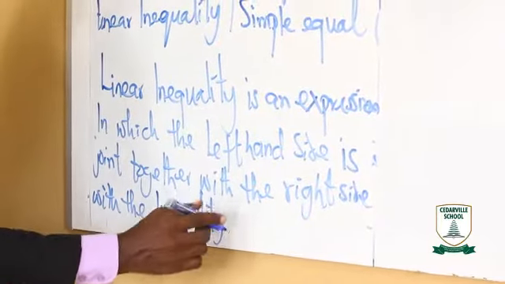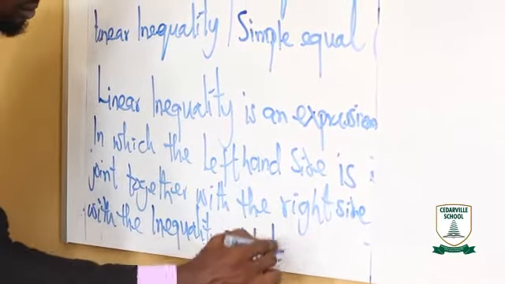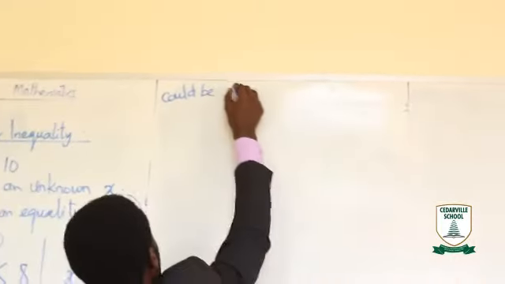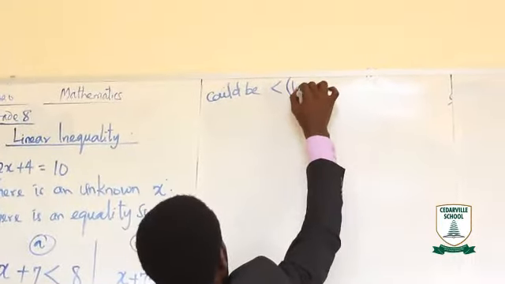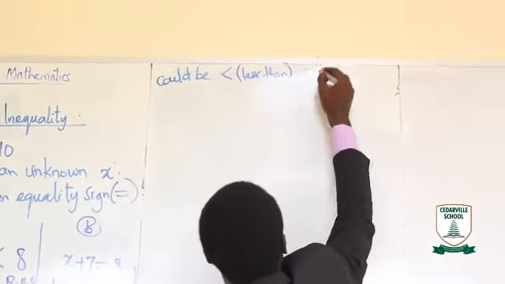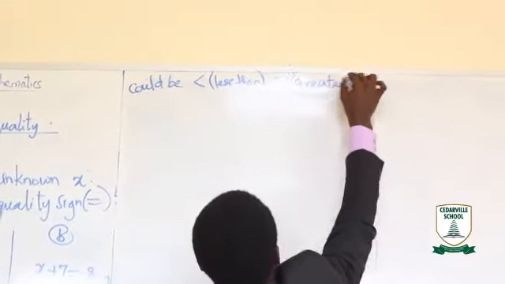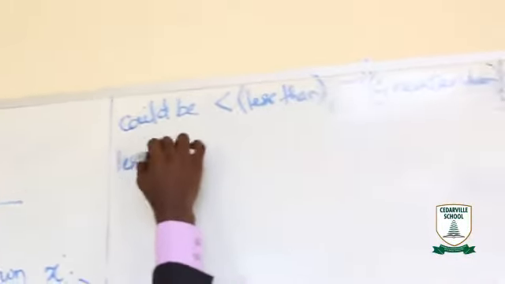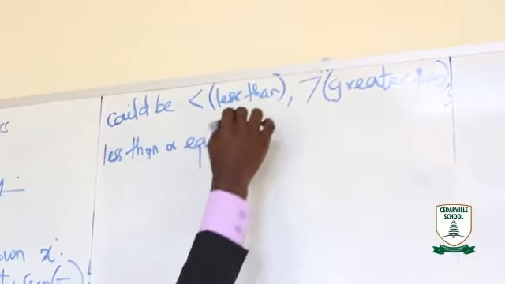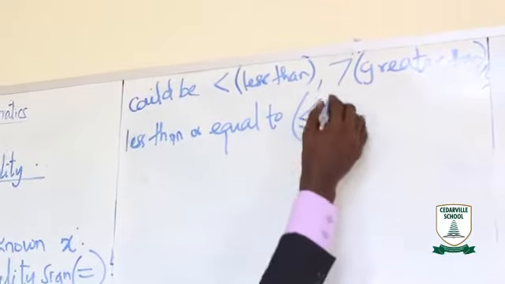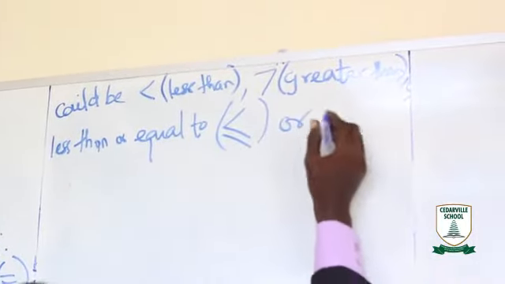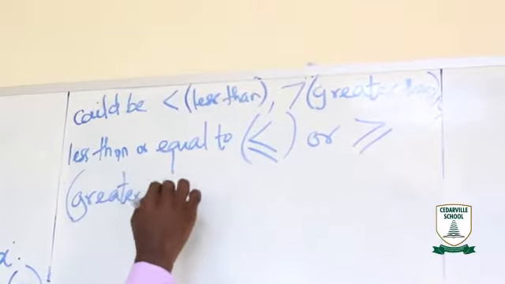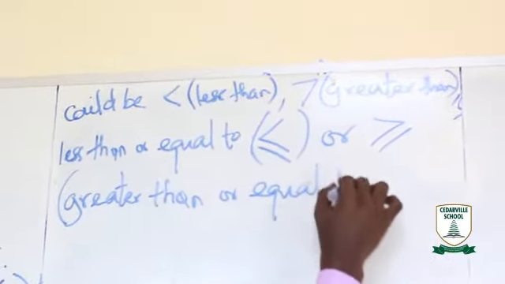With the inequality symbol, which could be less than, in bracket, this is less than, comma, greater than, in bracket, this is greater than, comma, less than or equal to, in bracket, this is the symbol for less than or equal to, or greater than or equal to, in bracket, greater than or equal to.